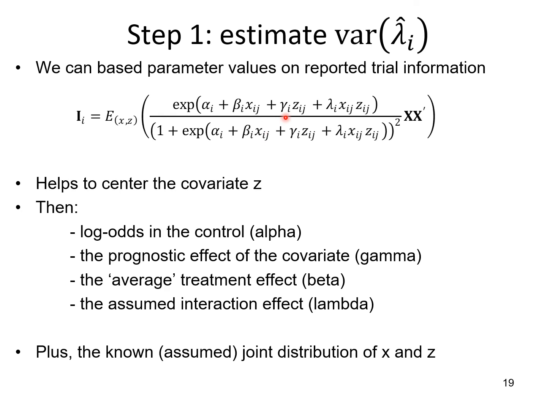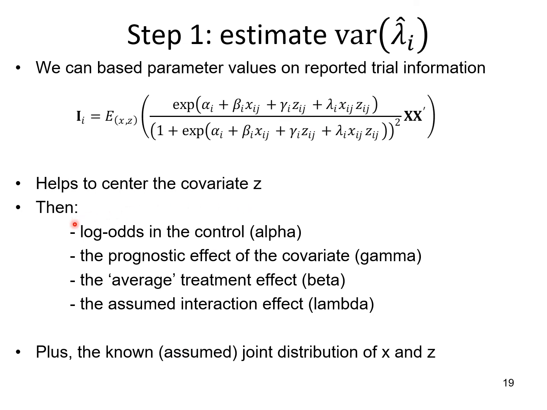Gamma is the prognostic effect of z. Beta becomes the average treatment effect, strictly speaking the treatment effect for somebody at the mean covariate value, but we can approximate that by the overall treatment effect in the trial. And then lambda, like in the previous example, we need to assume what that is based on a minimally important interaction effect size.